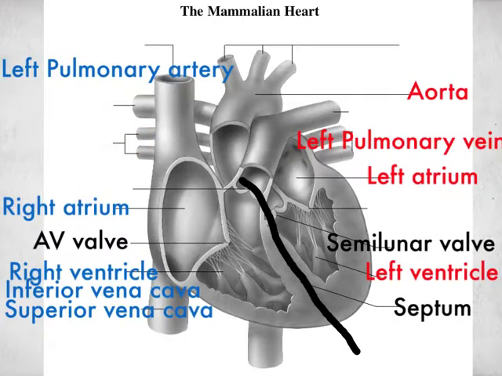Now these ones are red, as would these ones be. All of the pulmonary veins are red. The reason they're red is because they are bringing blood from the lungs to the heart. And the left pulmonary vein is going to empty into the left atrium.